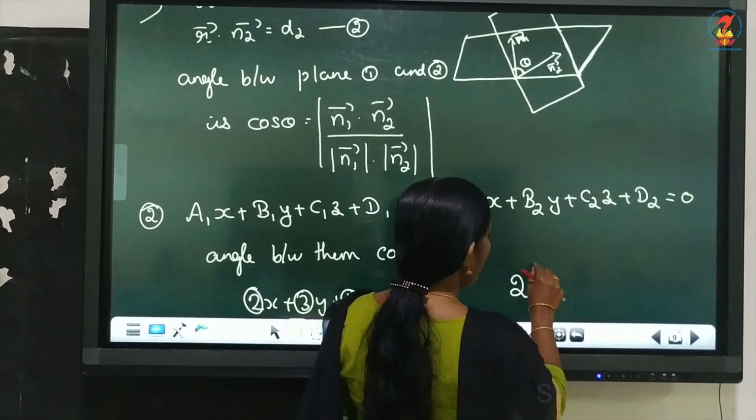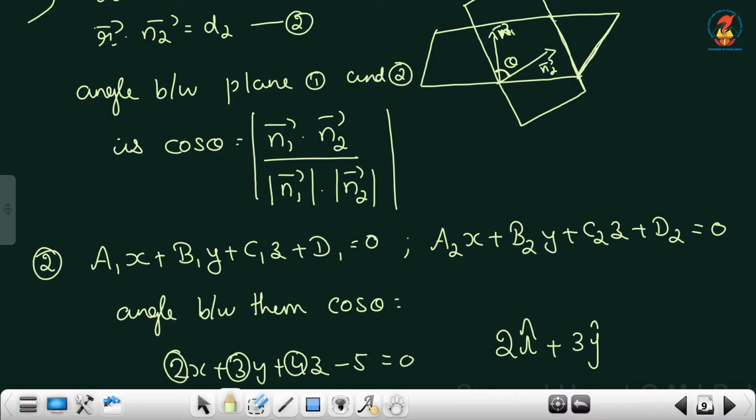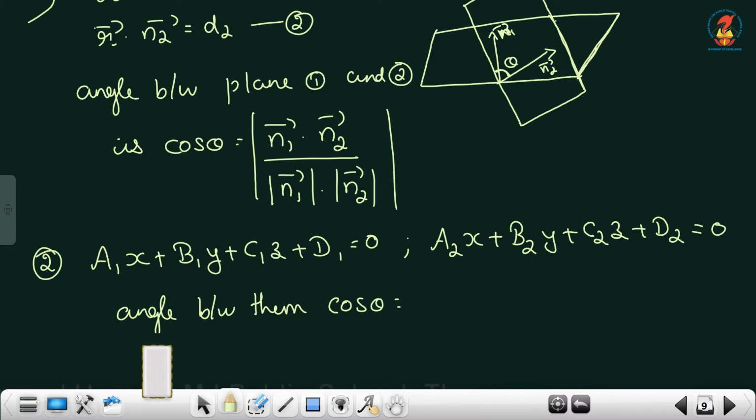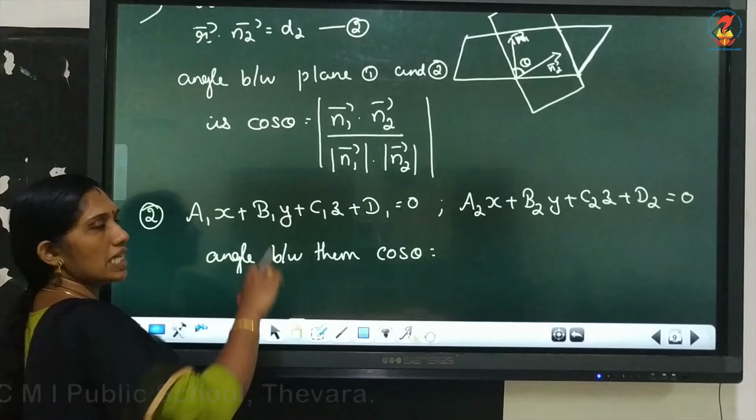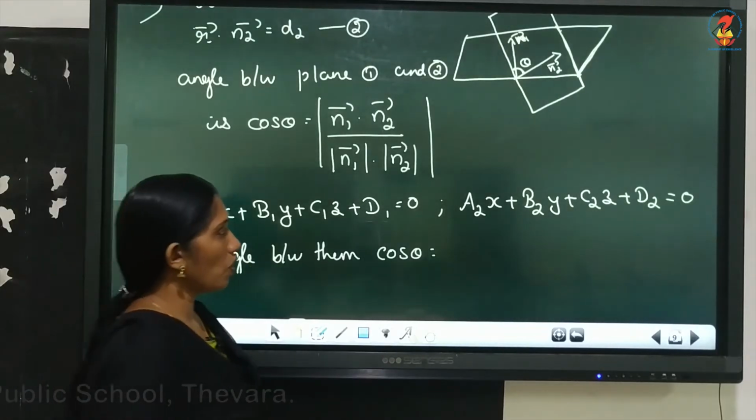In vector form you can write 2i cap plus 3j cap plus 4k cap. That is the normal to the plane. Or we can say 2, 3, 4 are direction ratios of the normal to the plane. Okay. So when we write in this form, this a1, b1, c1 are direction ratios of the normal.